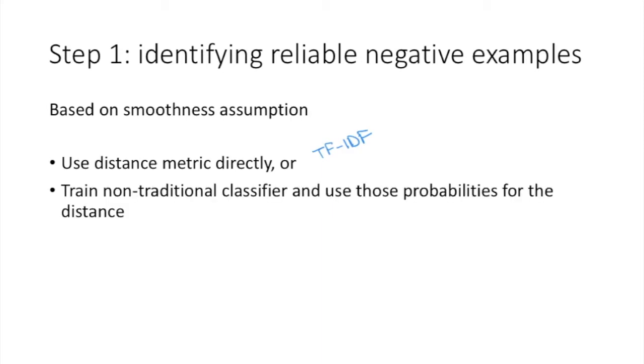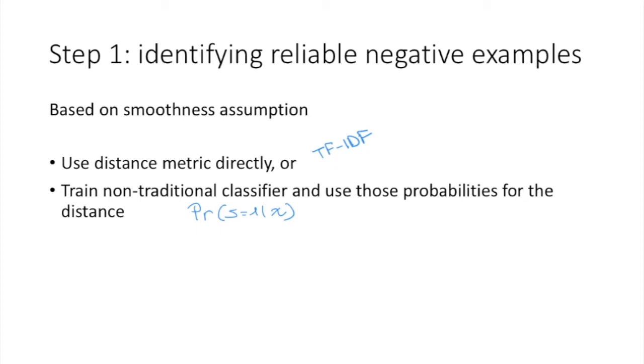Another commonly used method is to train a non-traditional classifier and use its probabilities for the distance. So remember that a non-traditional classifier is a classifier that aims to predict the probability that an example is labeled. A traditional one would predict that the class is positive. This one predicts whether an example is labeled or not. And this is something that we can learn directly from the positive and unlabeled data.